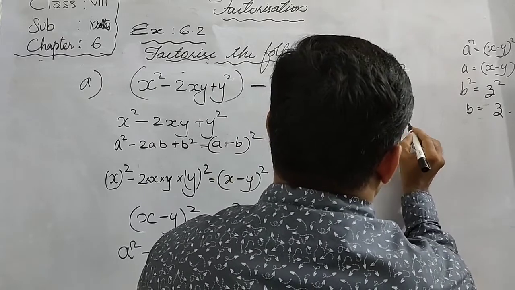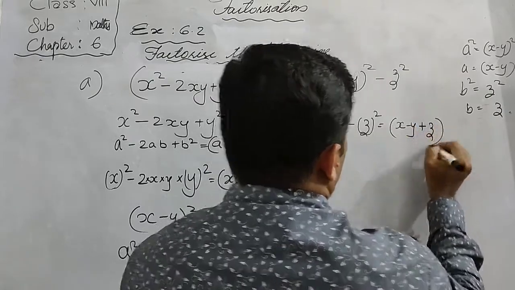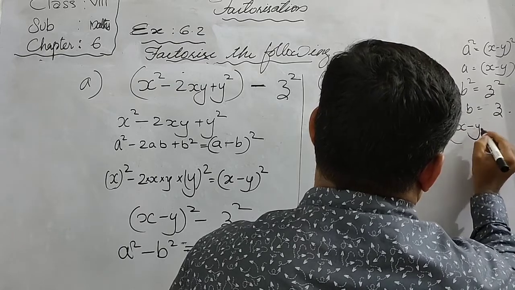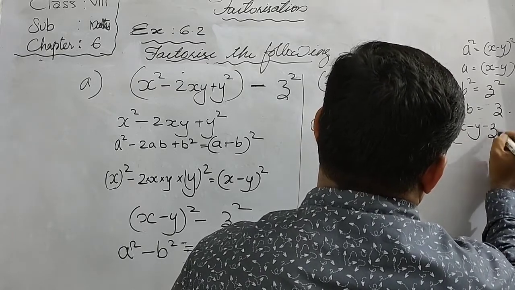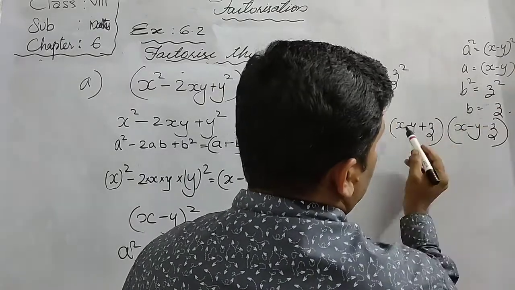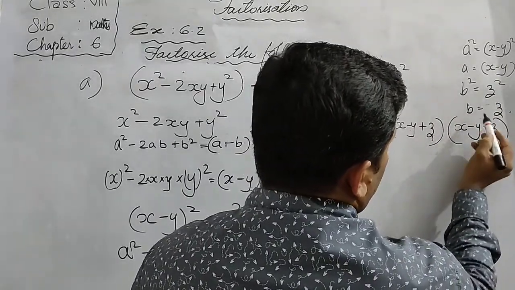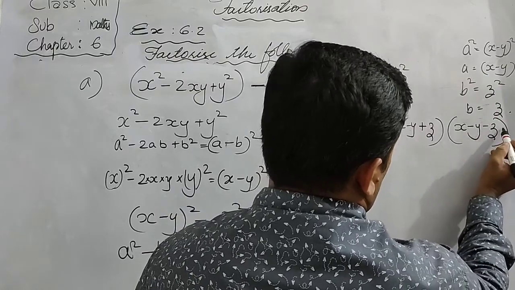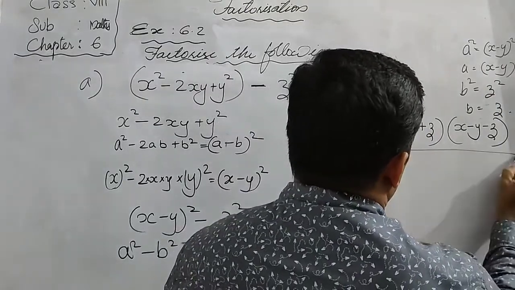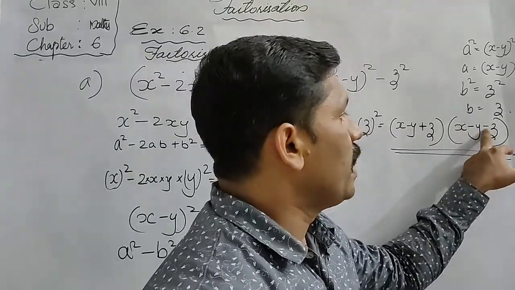A means x minus y, b means z. So a plus b is x minus y plus z, into a minus b, which is x minus y minus z. There are no like terms, so the answer will be (x minus y plus z) into (x minus y minus z).